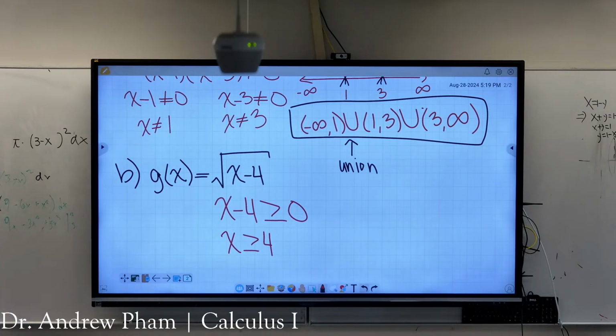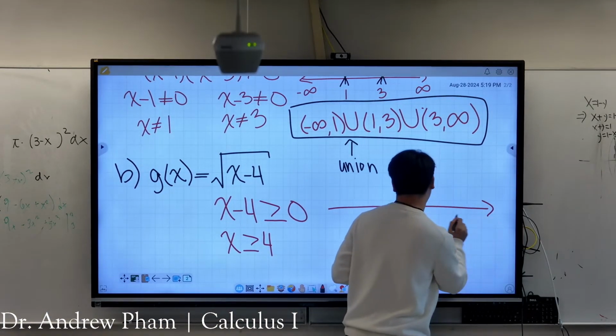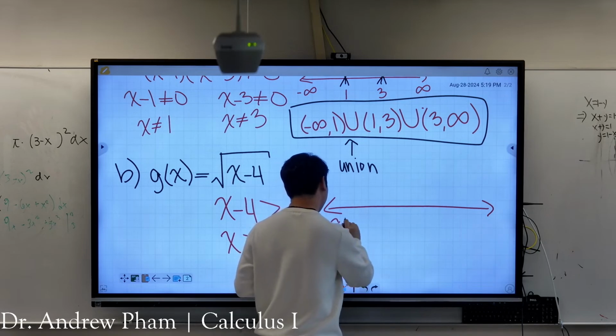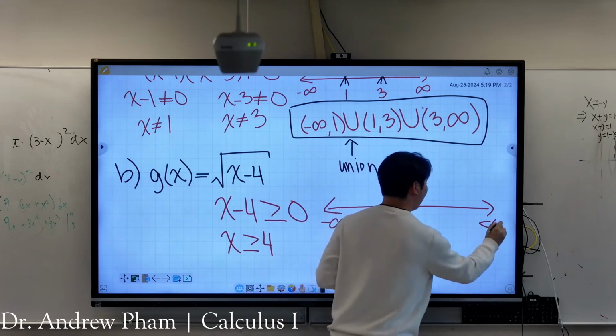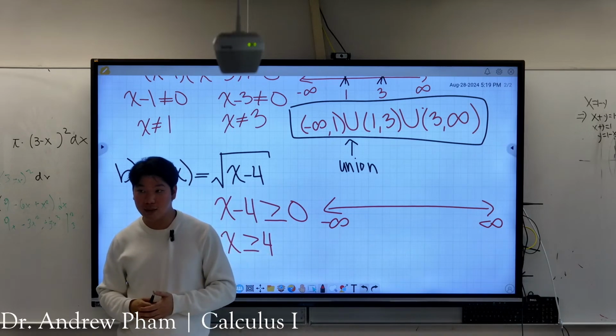Does anyone remember interval notation for this? Just to help us, we can draw the number line because it helps us visualize what's going on. You don't always have to draw the number line, but it is good as sort of a refresher. I always like putting infinity and negative infinity on the two sides.